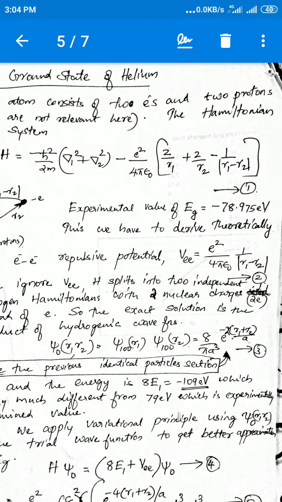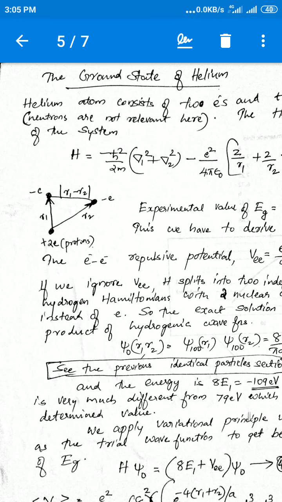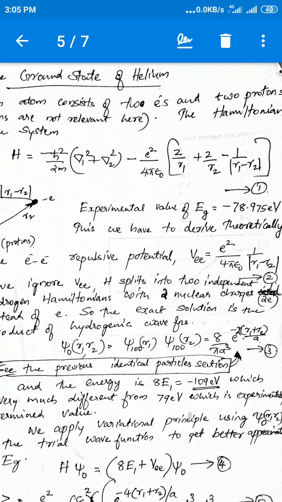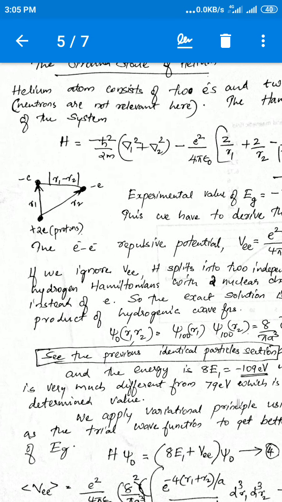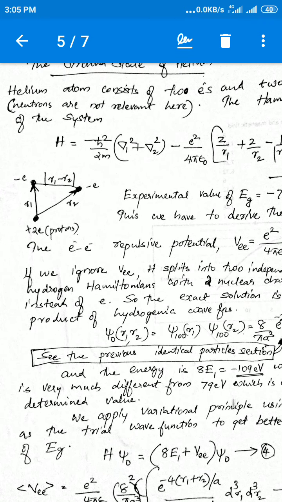Understood? The second one will be the potential energy between the protons, plus 2e, and the second electron, which is at distance r2 away. That is what the second term represents: minus 2e squared by 4 pi epsilon 0 r2. These two are plus 2e into minus e, so they are minus terms, minus 2e squared, isn't it?